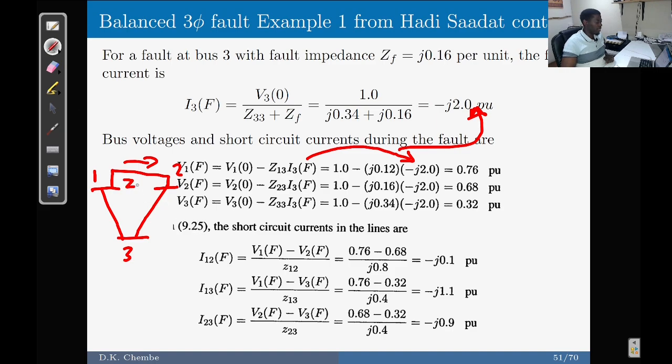So we're looking at the impedance Z12, and you have the voltage during the fault, V1F, on bus 1, and V2F on bus 2. We already determined the bus voltages, so it's just plug and play. You put in the values there, and we get I12F to be minus j0.1, I13F to be minus j1.1, I23F to be minus j0.9 per unit.